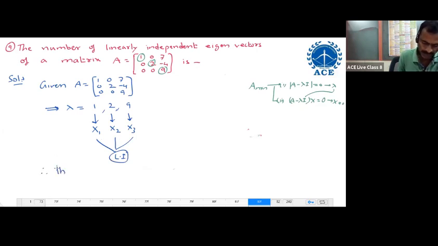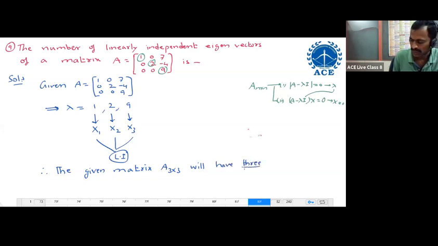Therefore, the given 3 by 3 matrix A will have three linearly independent eigenvectors according to property number 6. Suppose some eigenvalues are repeated, we cannot say. In such a case, we use the last property, number 7.